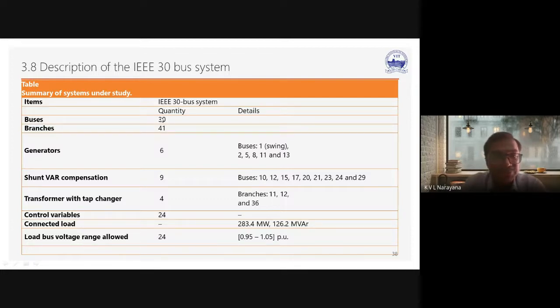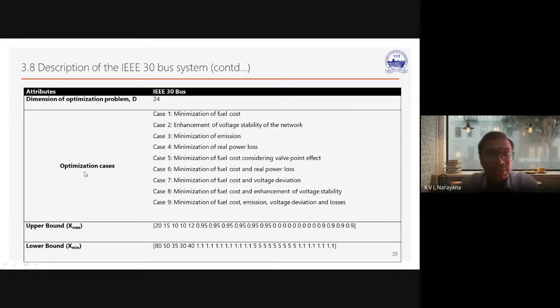So there are 24 decision variables in this particular problem. This IEEE 30 bus system problem is modeled as 24 dimensional, that means 24 variables are present in the mathematical model of the problem.